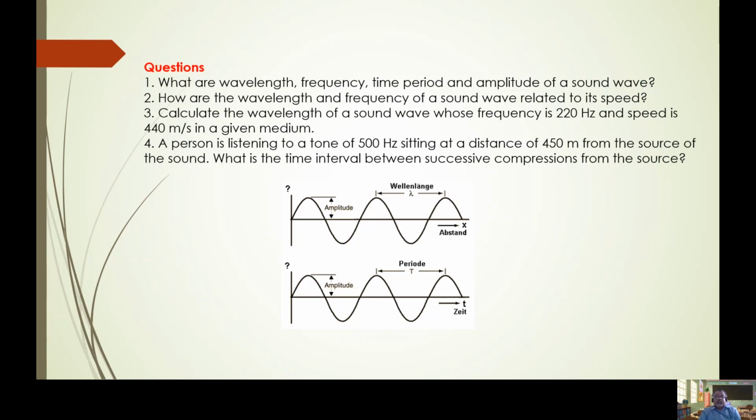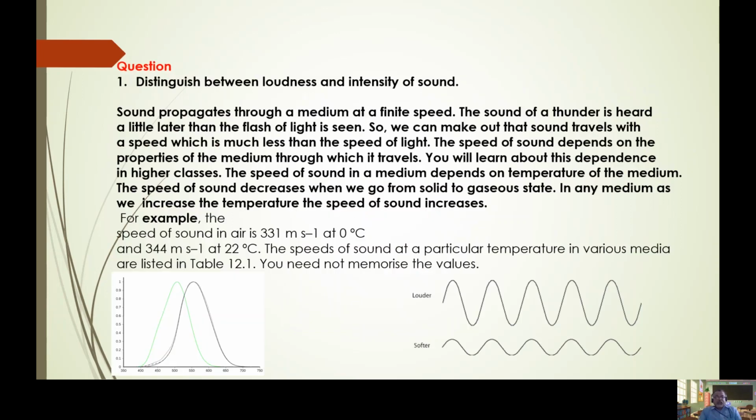A person is listening to a tone of 500 kilohertz, sitting at a distance of 450 meters from the source of the sound. What is the time interval between successive compressions from the source?